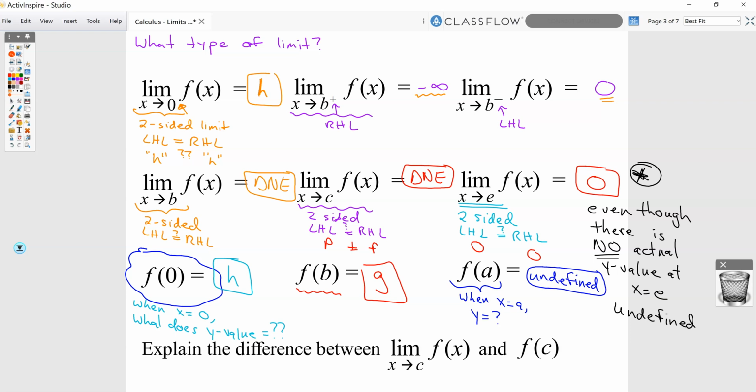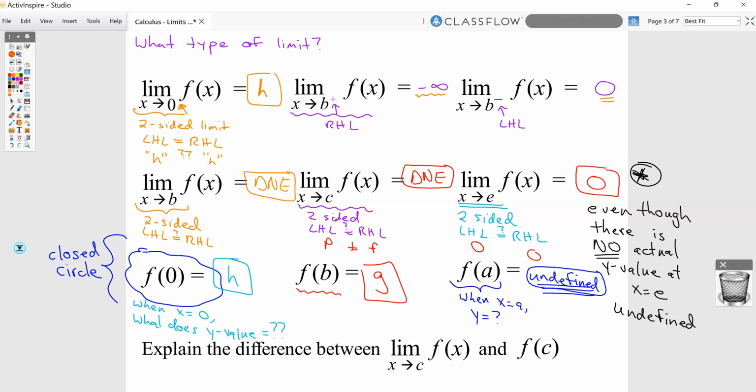So for a function value, we use the terminology, the function is undefined. For a limit, we use the terminology does not exist. Anytime you see the function value on a graph, you are looking for the closed circle. If you don't see a closed circle at that location, then you would say it's undefined.